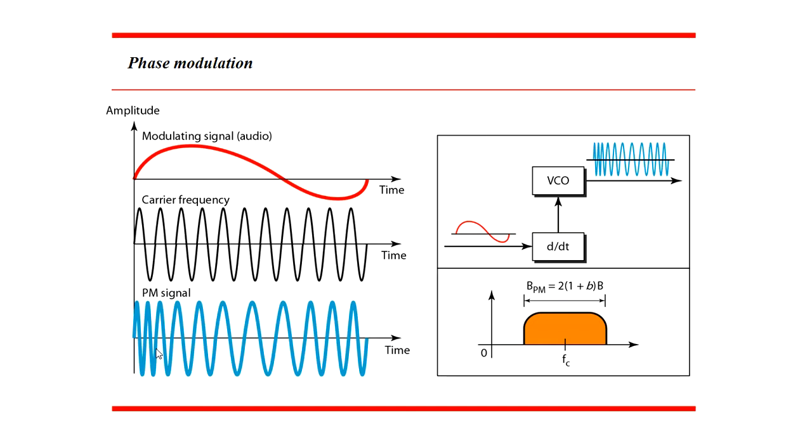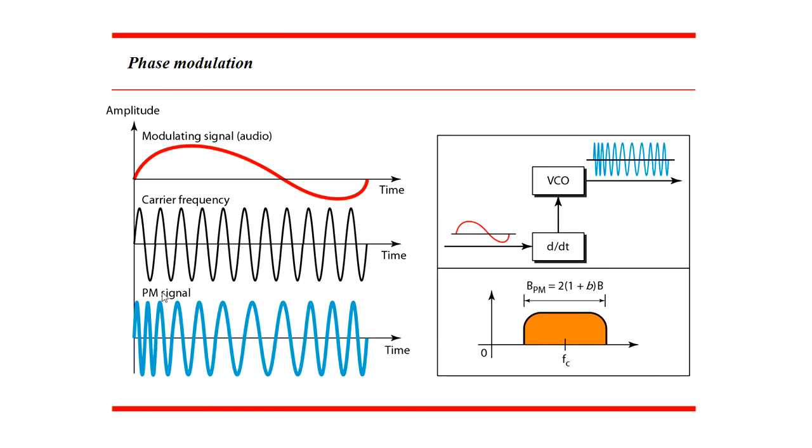So here what exactly happens is it only changes the phase of the carrier signal, and obviously when we change the phase of the carrier signal, it implies that the frequency of the signal also varies. Okay, but actually here the bandwidth required is very much less when compared to a frequency modulated wave, but slightly higher than an amplitude modulated wave.